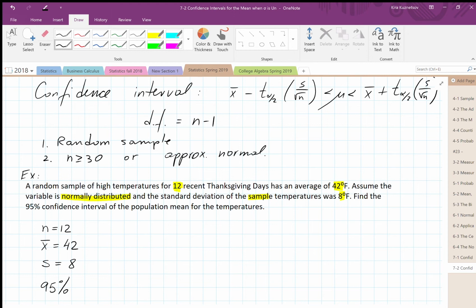I'm going to jump into a calculator, and in my next video we'll actually do a guide on the calculator, but for now I'm just talking through it. The function you need is under stats, go over to tests, go down to t-interval.